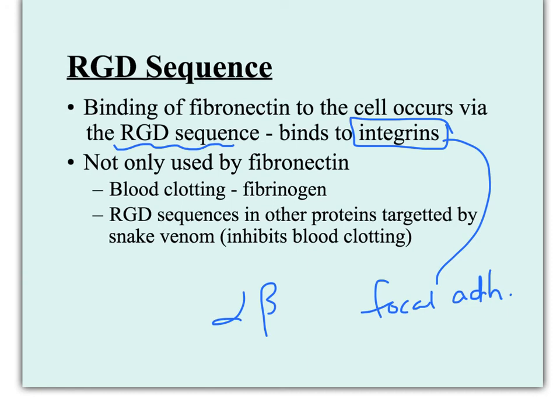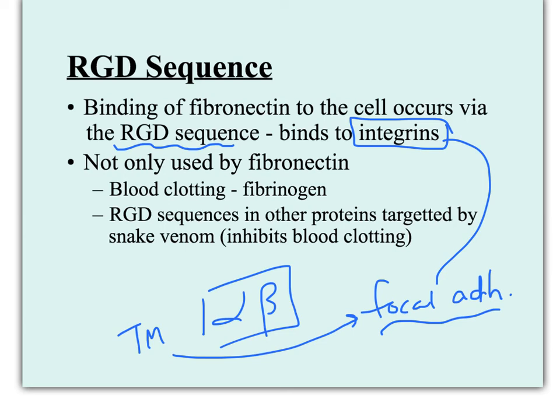These were the transmembrane domain proteins of focal adhesions, and there were a whole bunch of other proteins. So these alpha-betas stick out of cells. On the extracellular side, they're going to interact with fibronectin. On the intracellular side, if it's a focal adhesion, they interact with actin, and if it were a hemidesmosome, they would interact with intermediate filaments.